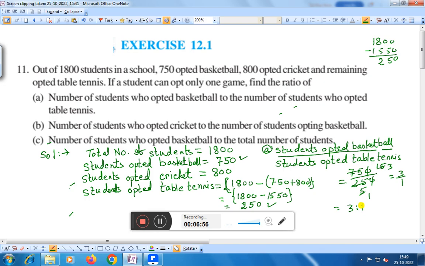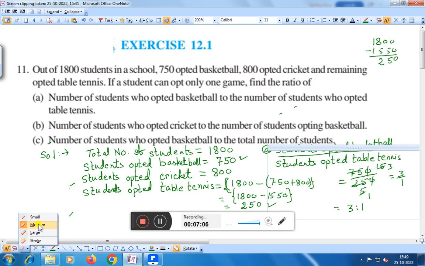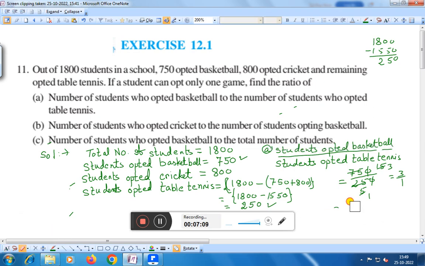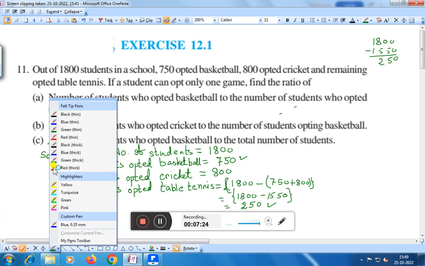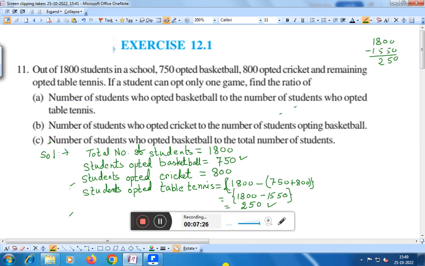This is the answer of question number A. Now we solve question number B. Question number B is the number of students who opted cricket to the number of students opting basketball.